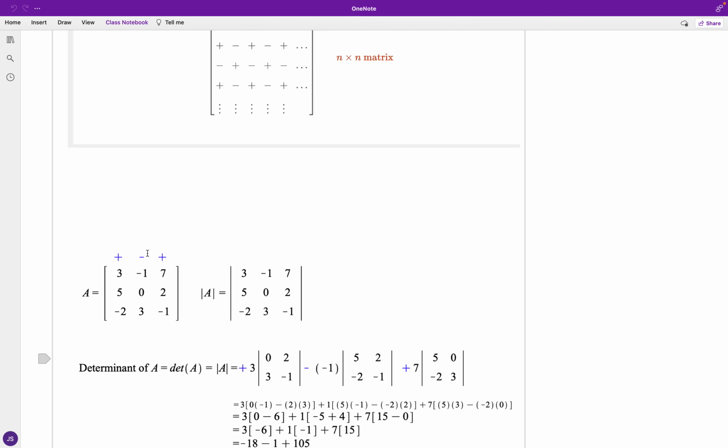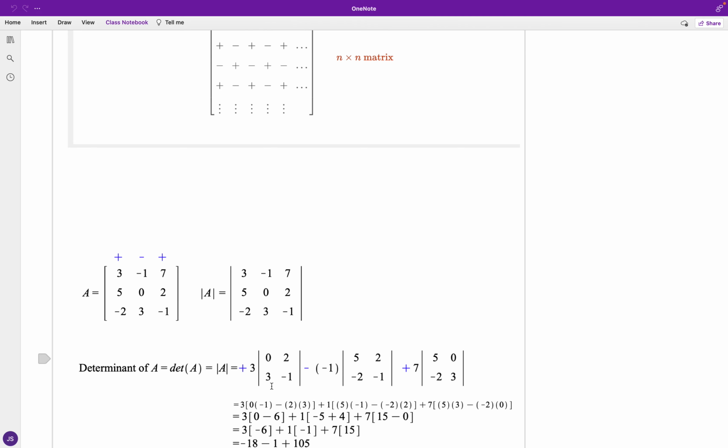Then I have minus -1, and covering up the top row and the middle column, I have exposed 5, 2, -2, and -1. Then I have plus 7, and covering up the top row and the last column, the exposed elements are 5, 0, -2, and 3.